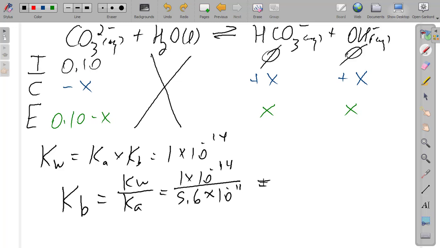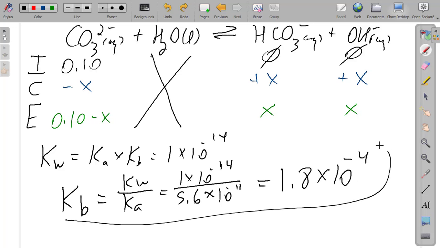That's going to give us a rounded answer of 1.8, and that's good enough because this only gives us two significant digits anyway. 1.8 times 10 to the minus 4. So that's our Kb that we need now to do the rest of this calculation. All right, so again, new page.